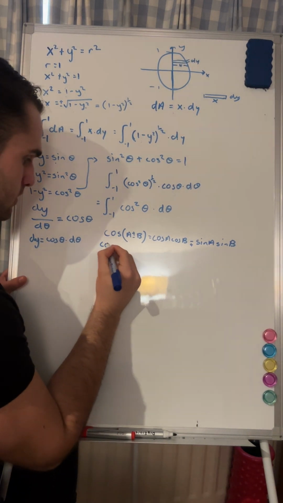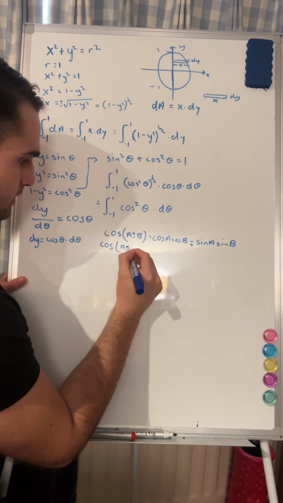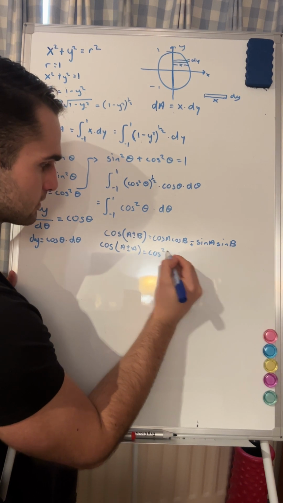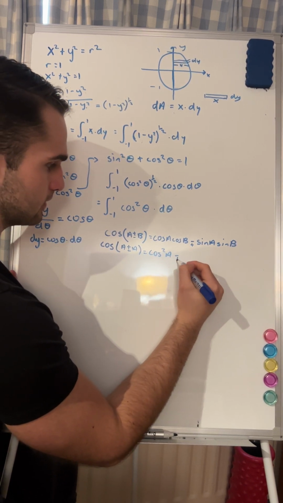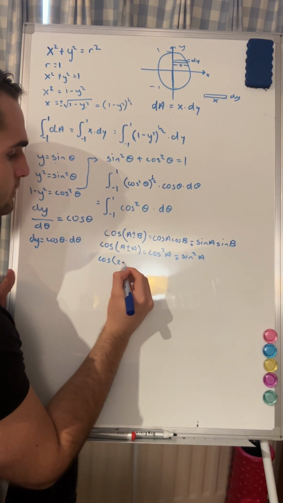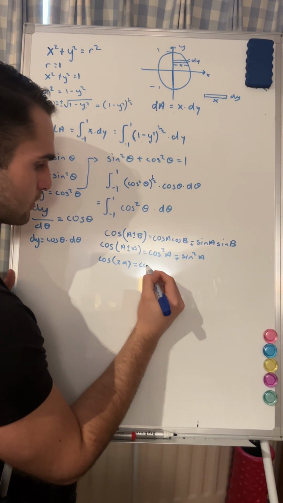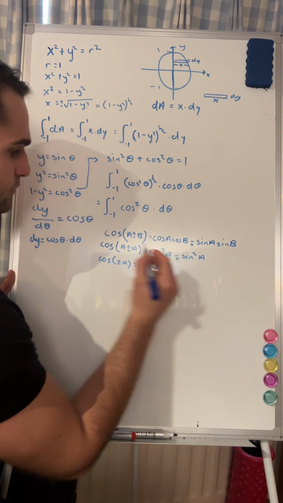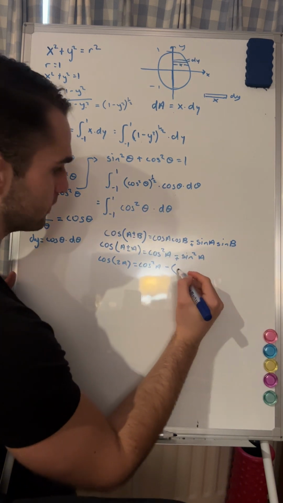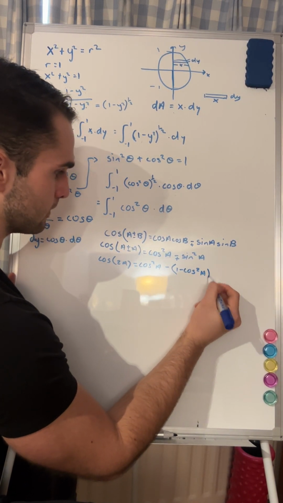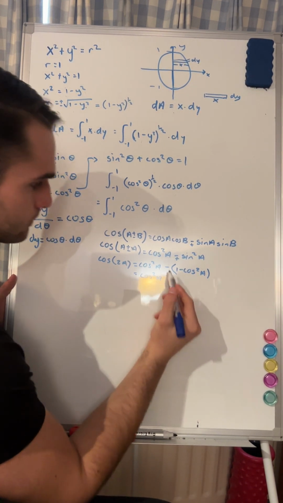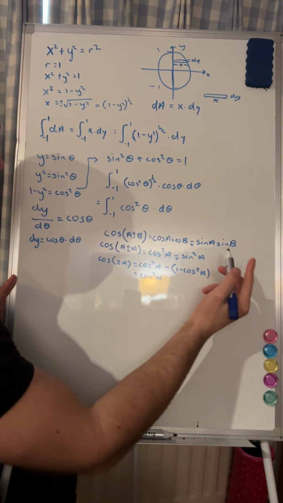And then we can say that cos of A plus A, or 2A, equals cos squared A minus sine squared A. And then we can say that cos of 2A equals cos squared A minus sine squared A. And then sine squared A can be rewritten as 1 minus cos squared A, which equals cos squared A minus 1 minus cos squared A, which is plus cos squared A.